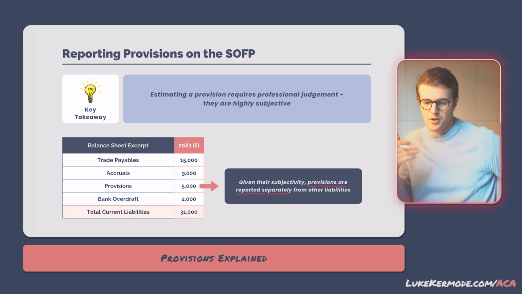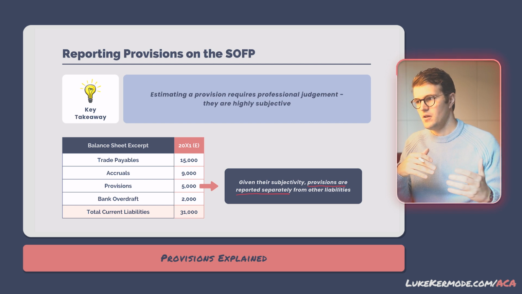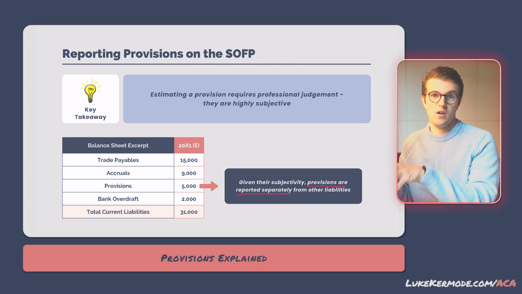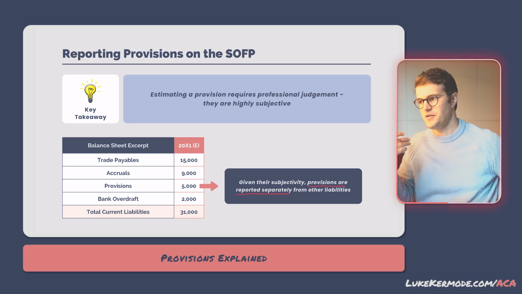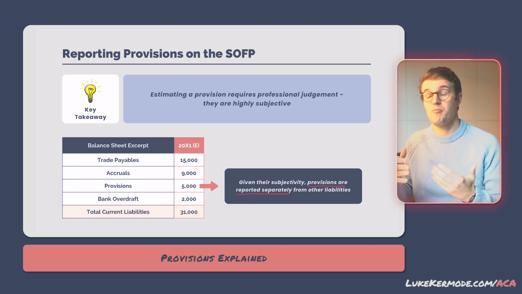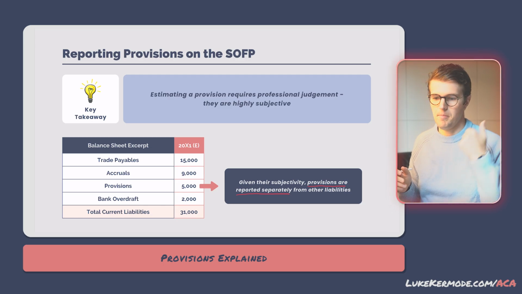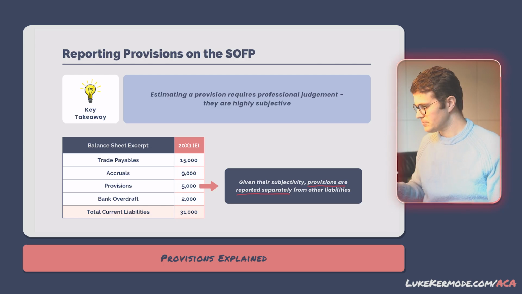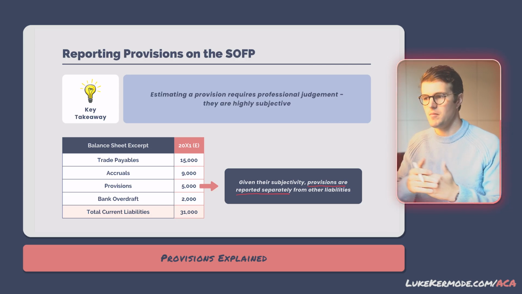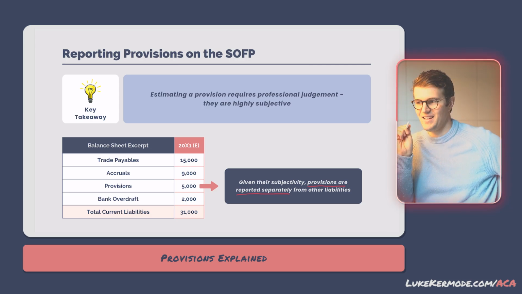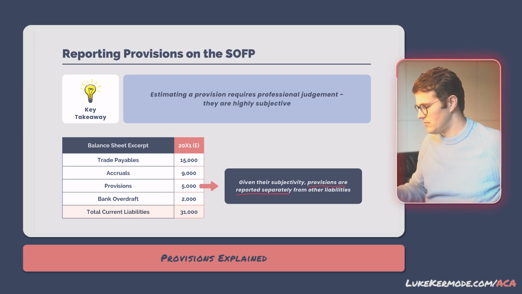This separation will help users of the financial statements clearly identify what portion of a company's liabilities are based on estimates and which figures are more certain. So this separation increases transparency and highlights that provisions require a higher degree of professional judgment than typical trade payables or accruals balances. Additional information regarding the provision is included in the notes to the financial statements, which allows users to help understand the nature of the provision in greater depth, but also how the accountant arrived at that amount.